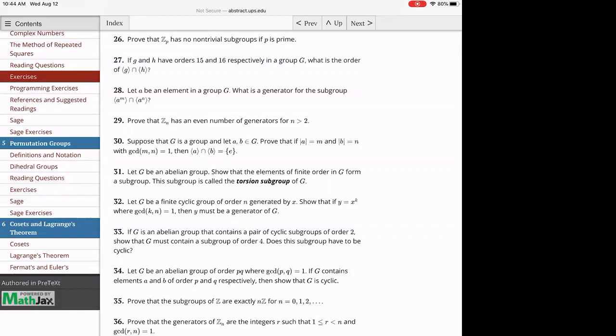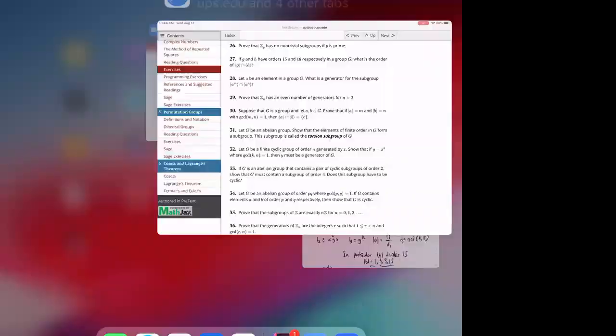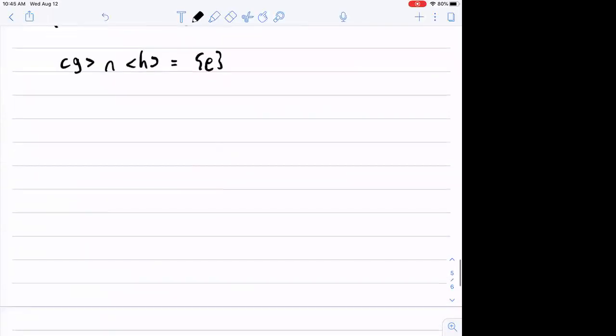Take Z mod 8Z, the group generated by 2 and the group generated by 4.